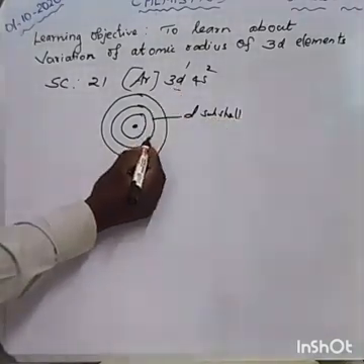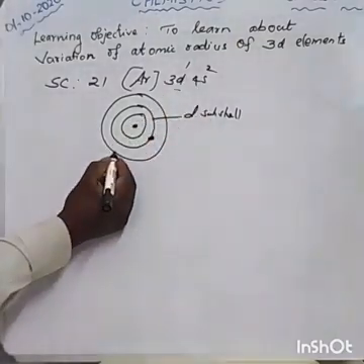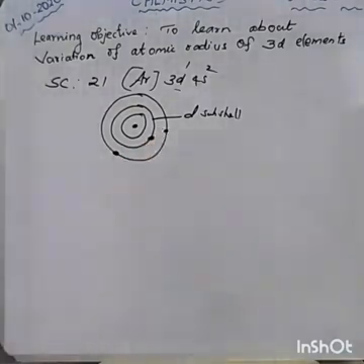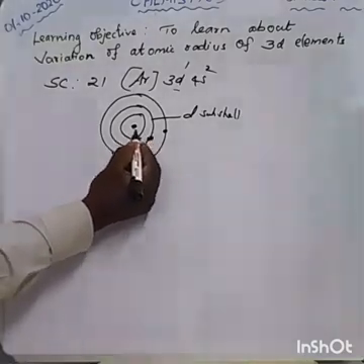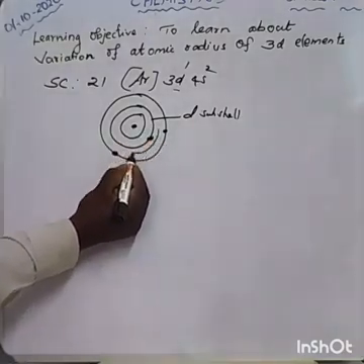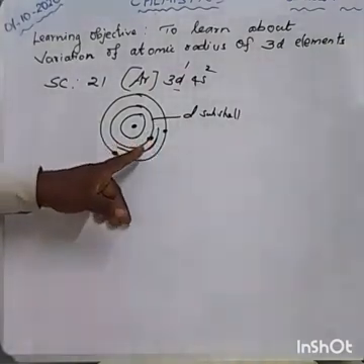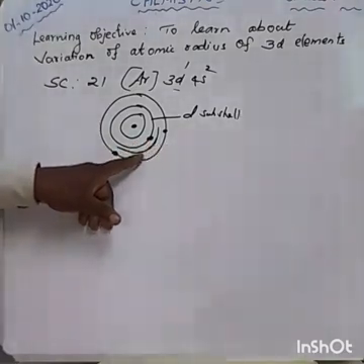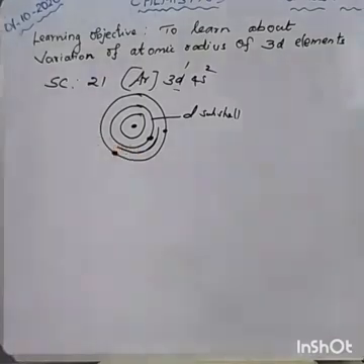Only one electron. What about the 4S subshell? Two electrons. Here, for the nuclear attraction, between the D subshell and the 4S electrons there is a shielding effect, screening the nuclear attraction.